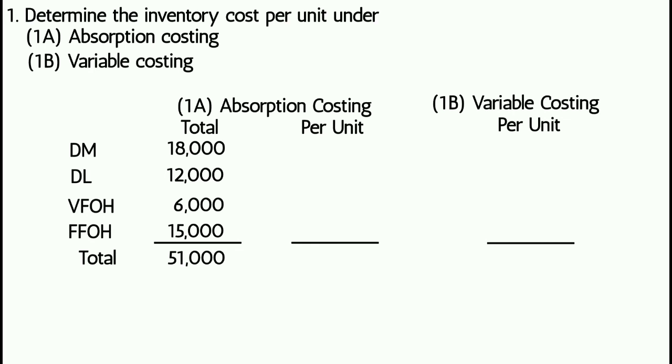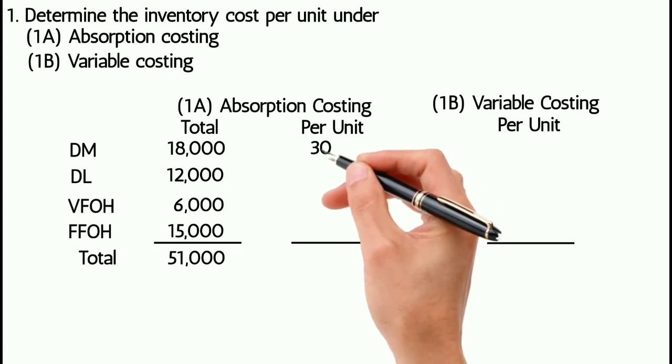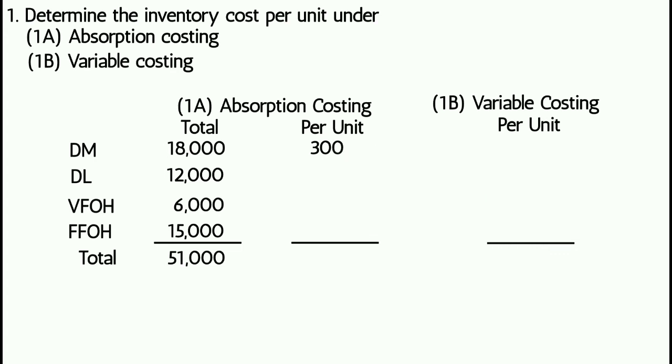Para ma-compute yung direct materials per unit, kailangan nating i-divide yung production or units produced na 60 units sa 18,000 pesos. So 18,000 pesos divided by 60 units, that is equal to 300 pesos per unit. Same process for direct labor, 12,000 divided by 60 units.